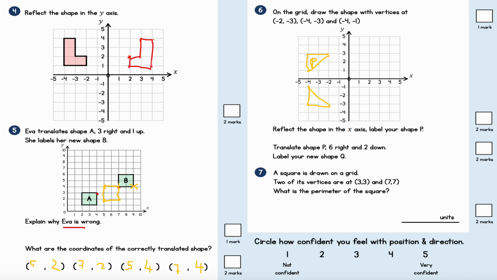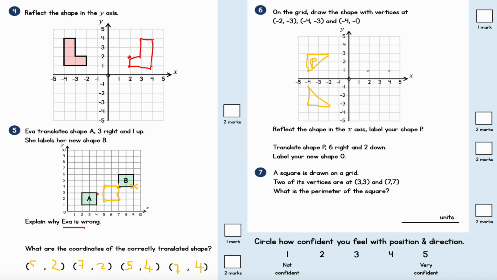Okay, so let's just change the colour now for the next part. Translate shape P 6 units to the right and 2 down. Label the new shape Q. So 6 places to the right. 1, 2, 3, 4, 5, 6. There's going to be 1, 2. Okay, the next one. 1, 2, 3, 4, 5, 6. And then it's going to be 1, 2.